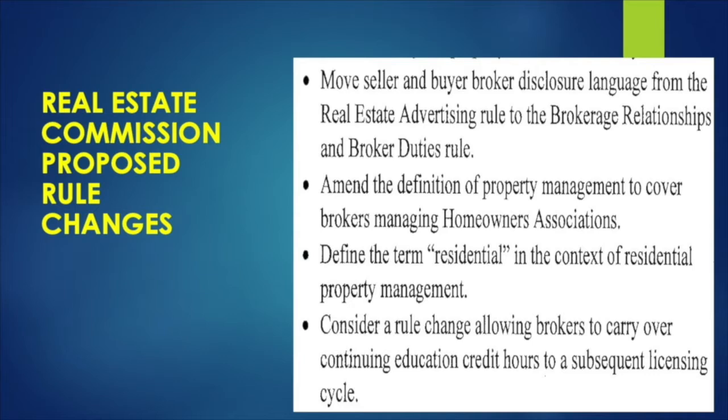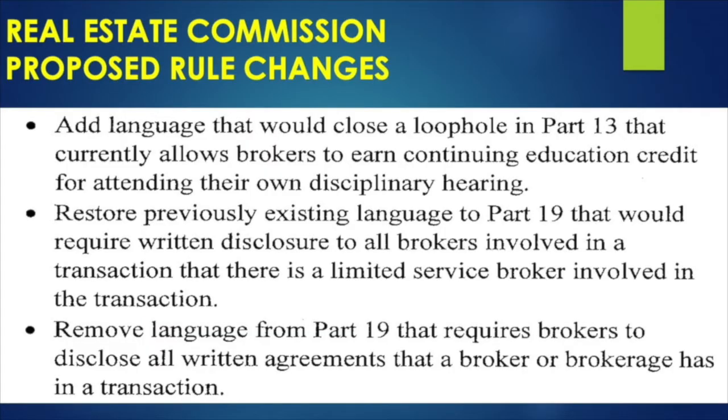Define the term residential in the context of residential property management. Consider a rule change allowing brokers to carry over continuing ed credits to the subsequent licensing cycle. That's cool, yeah. Adding language that would close a loophole in Part 13 that currently allows brokers to earn continuing education credit for attending their own disciplinary hearing.